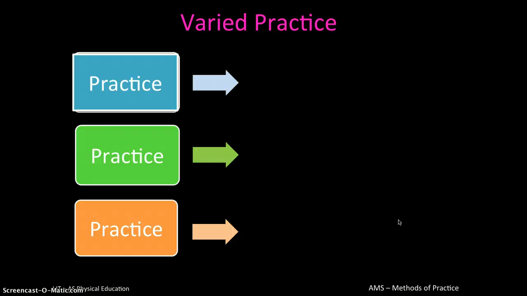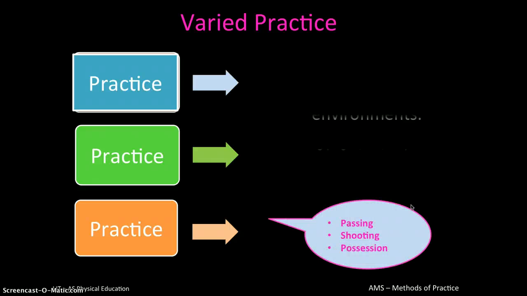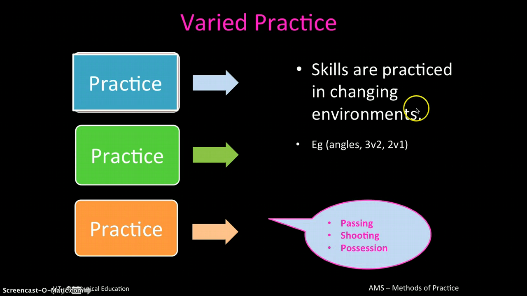So then finally, we've got varied practice. So this is kind of the opposite to fixed, really. You would practice skills in different environmental situations. So that might be practicing shooting in basketball or football or netball from different angles, or in differing attacking or defending situations, so 3v2, 2v1.